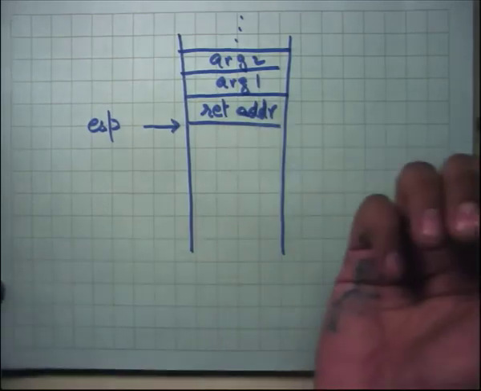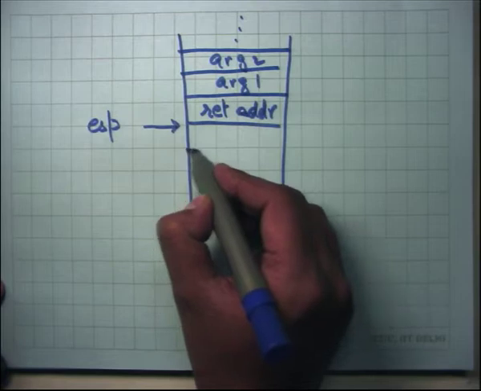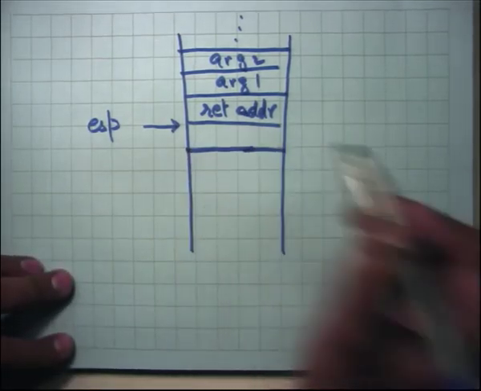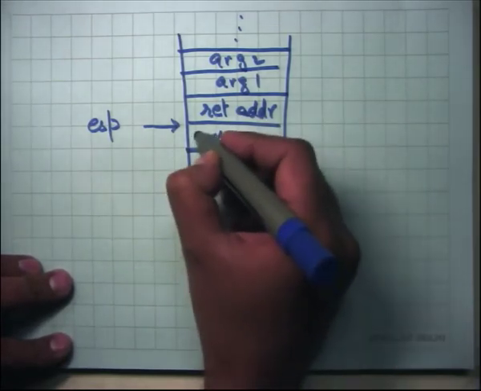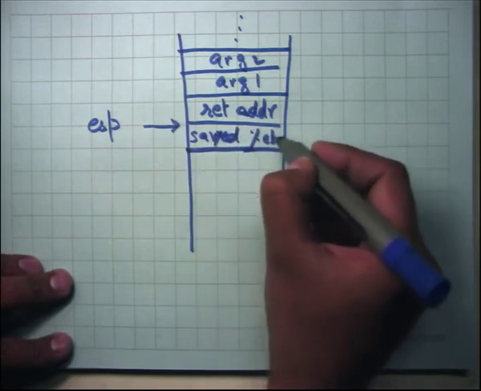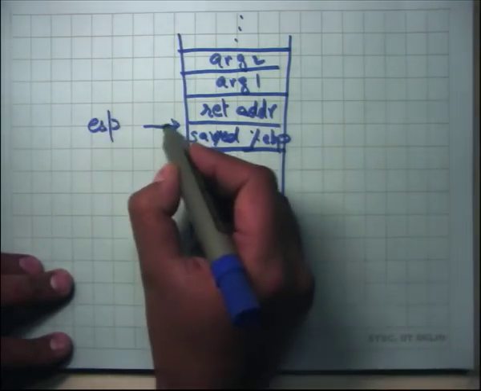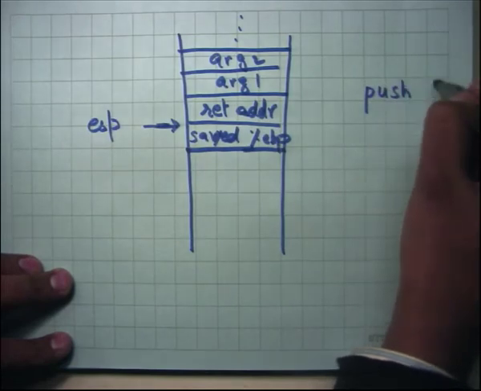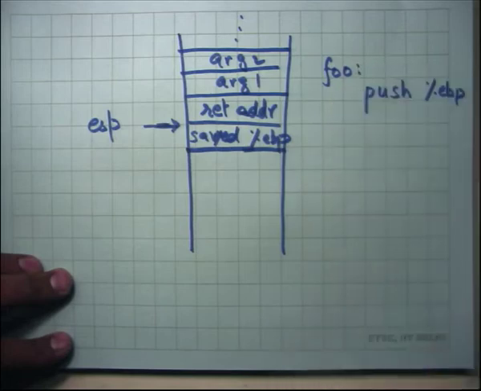Typically, what GCC does is the first instruction in the function will save the current EBP value. So call it the saved EBP. It's going to push EBP. So the first instruction of a function will typically be push EBP. Let's say this is the first instruction of the function foo.